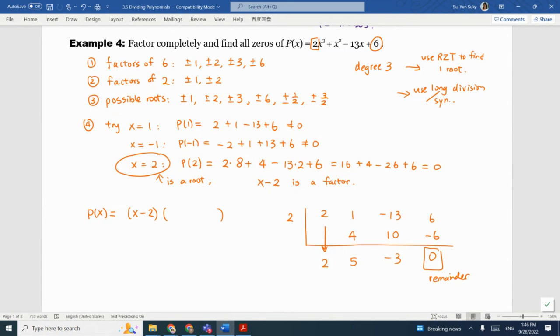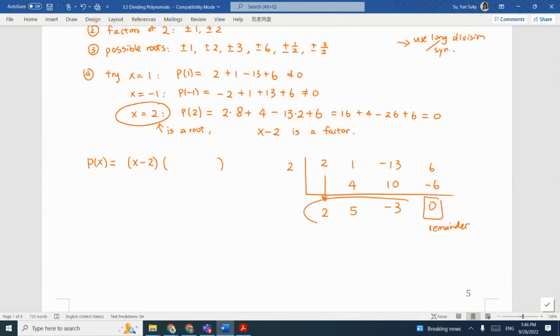That's always the case because x minus 2 is a factor. Then what is the quotient? 2x squared plus 5x minus 3. Exactly. So P of x is x minus 2 times 2x squared plus 5x minus 3.